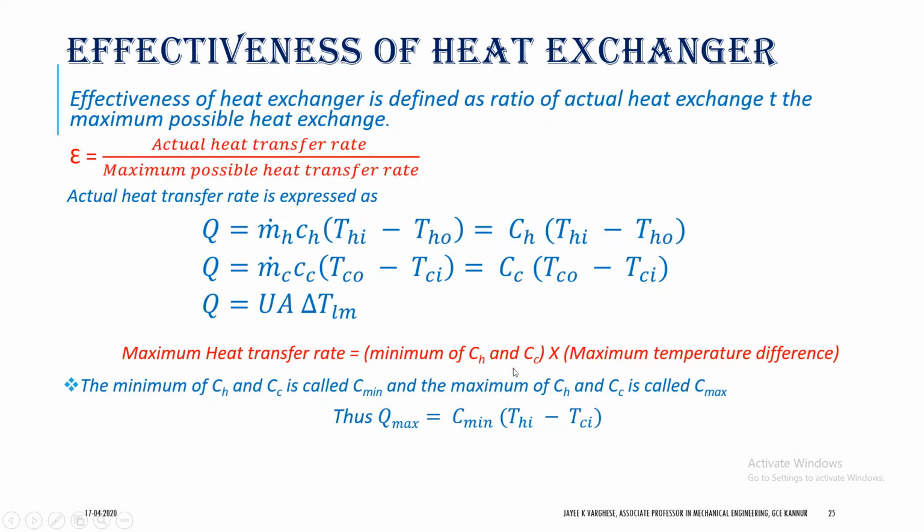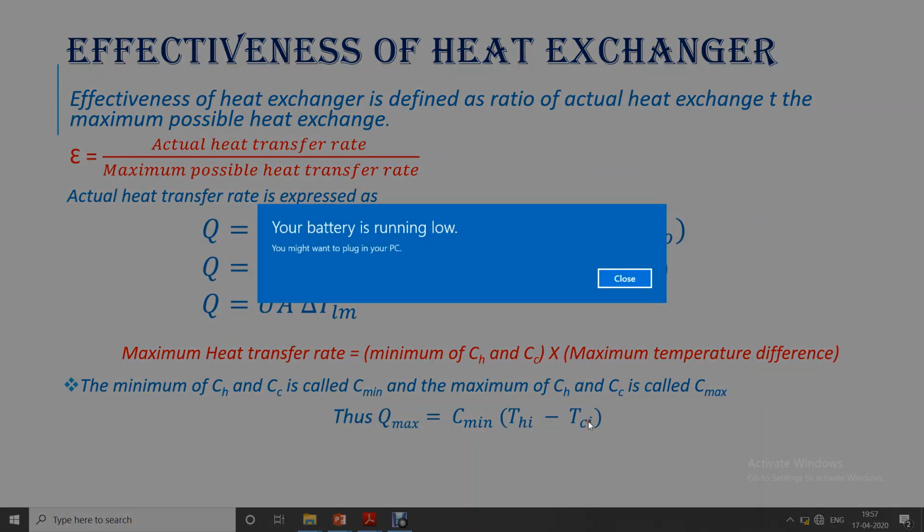Maximum possible heat transfer is given by the minimum of CH and CC, into Thi minus Tci. The fortunate thing is that in all cases, the temperatures at which hot and cold fluids are admitted will be known. So the maximum possible heat transfer can be calculated if we know C min.